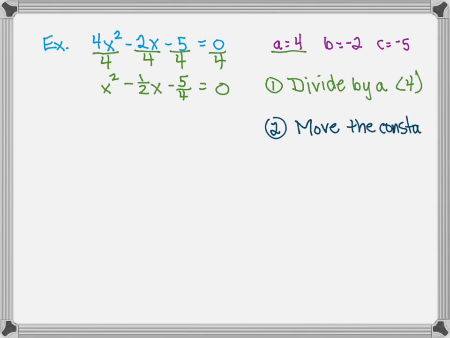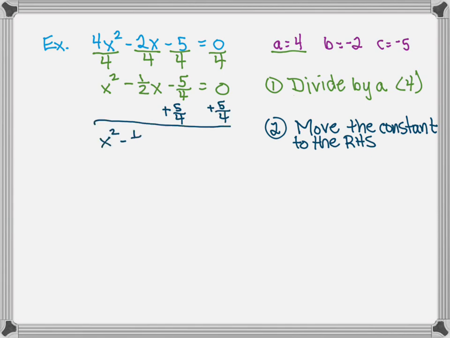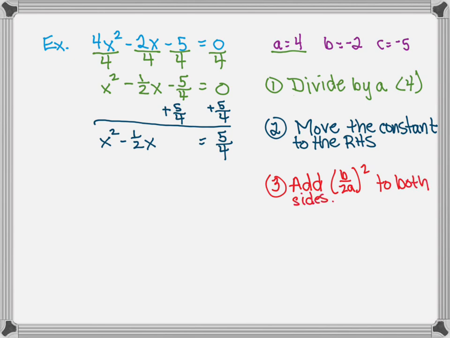Step 2, move the constant to the right-hand side. So we'll add 5/4 to both sides of the equation, and we end up with x squared minus 1/2 x equals 5/4. Step 3, add b over 2a quantity squared to both sides.